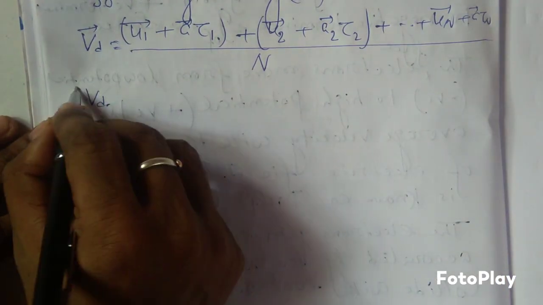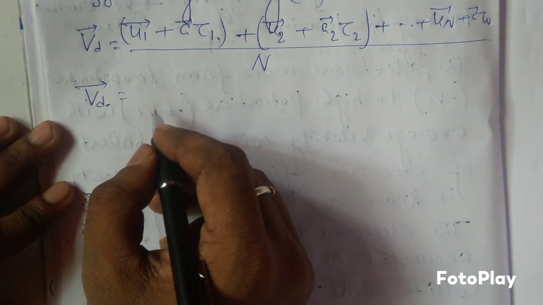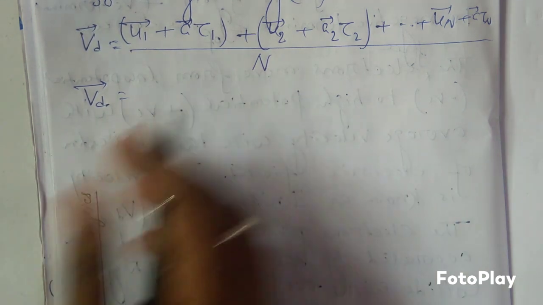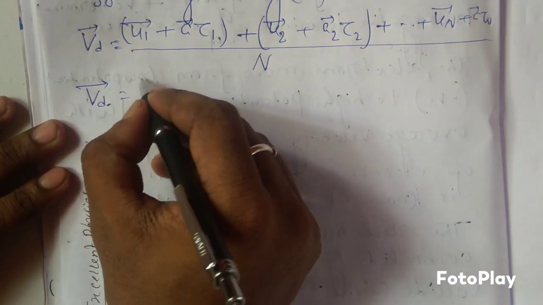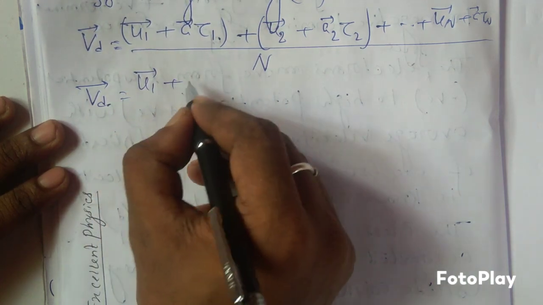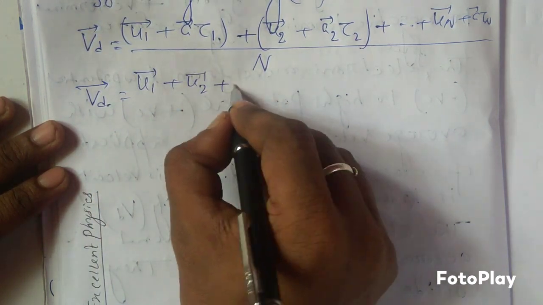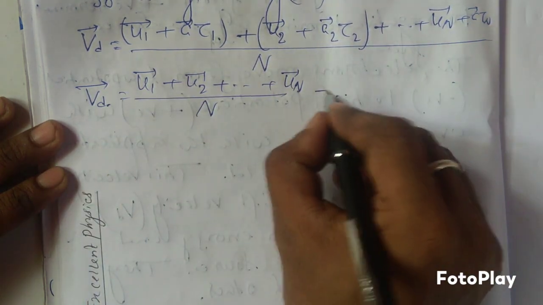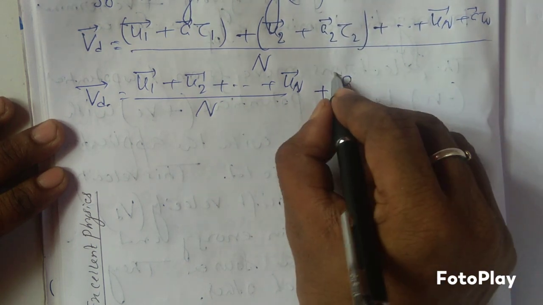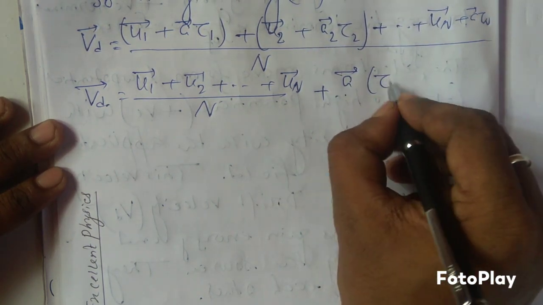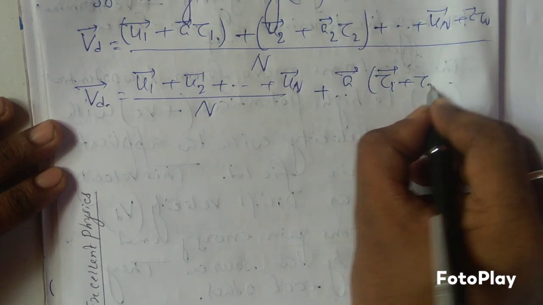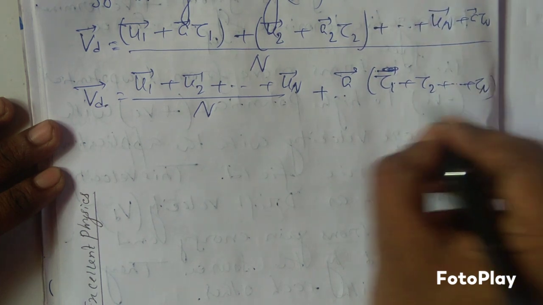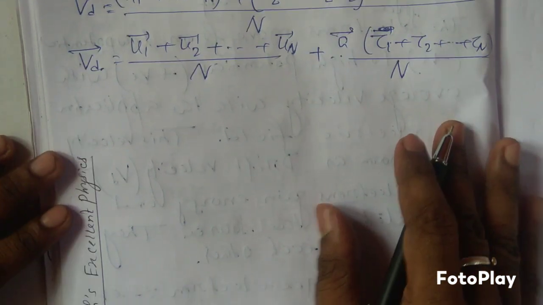So Vd is equal to, we can write, U1 plus U2 plus Un divided by n, plus the common A, that is tau 1 plus tau 2 up to tau n divided by n.